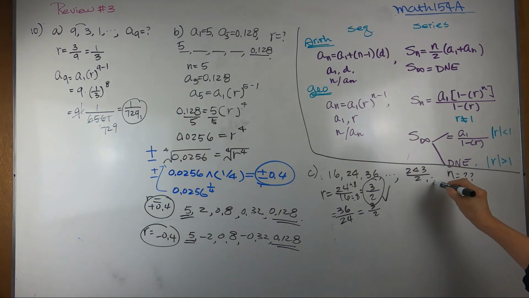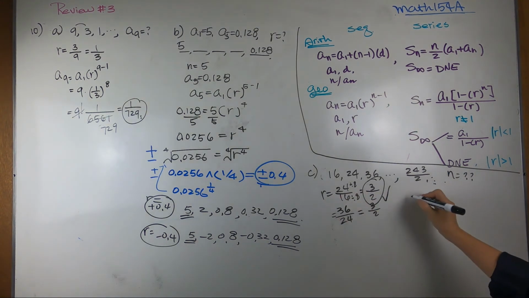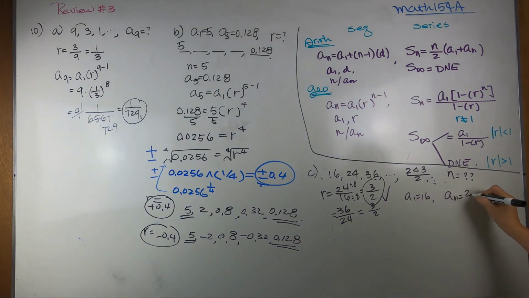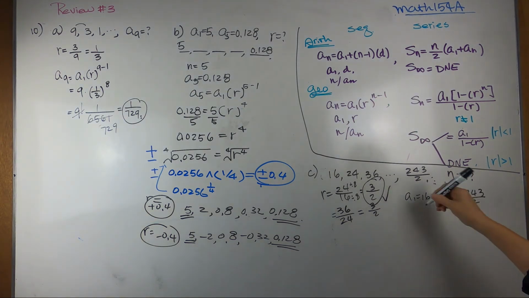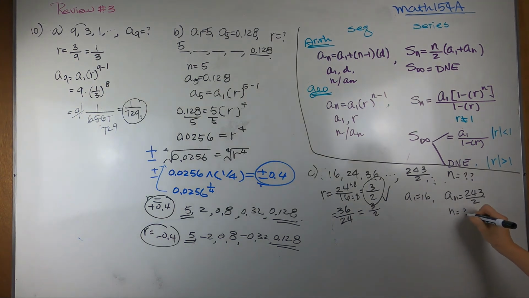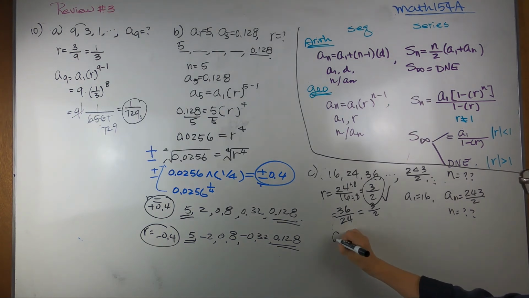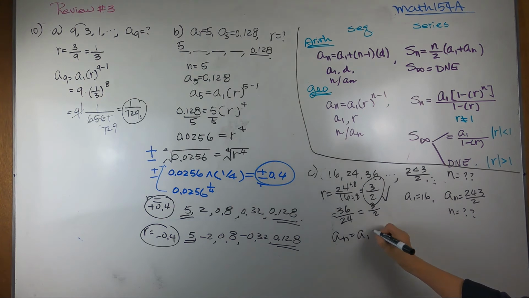Then the last term, you don't know. So you know the R, you know A1 is 16. You know AN is the general term all the way to the end, but we don't know the end. We can use this, right? So AN equals A1 times R to the n minus 1.